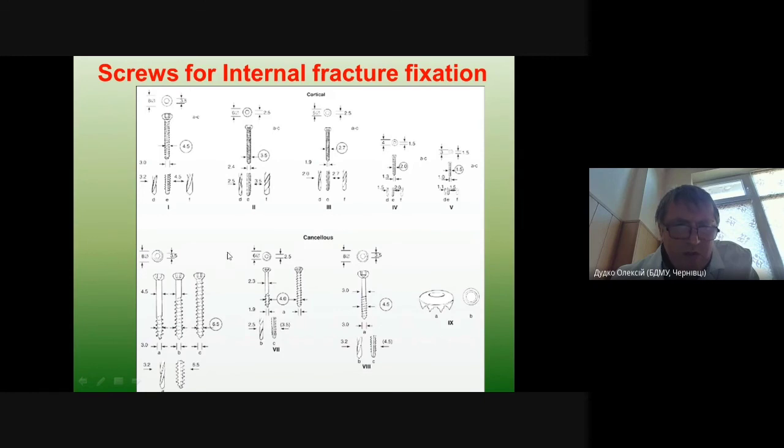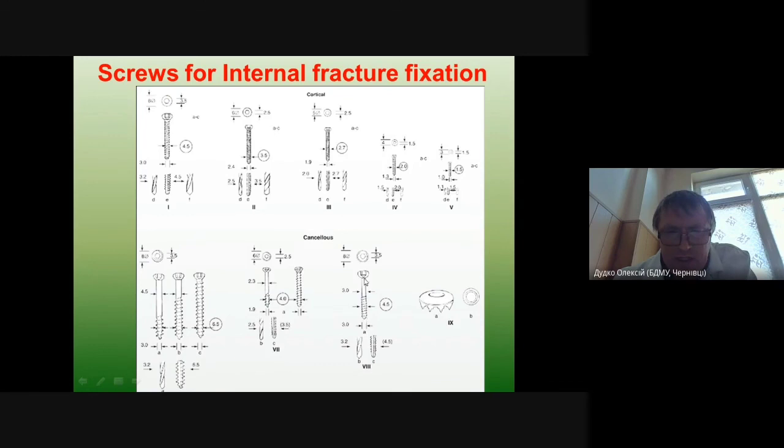Usually to insert the screw, we should drill with a drill bit of the inner diameter and then tap it and insert a screw of higher diameter. Then it will hold well in the bone tissue. Otherwise not.